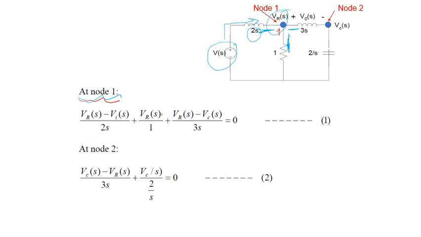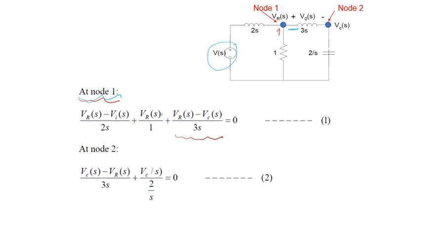Now plus VR over 1, which is this current, plus VR minus VC over 3S. Let me just make it clear here for the third element.